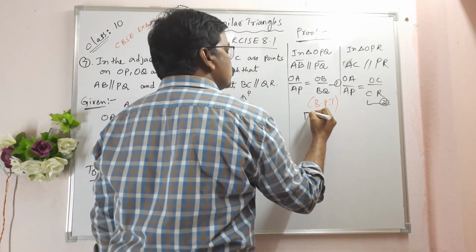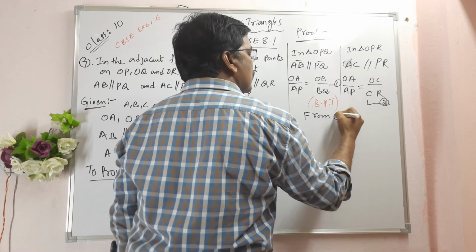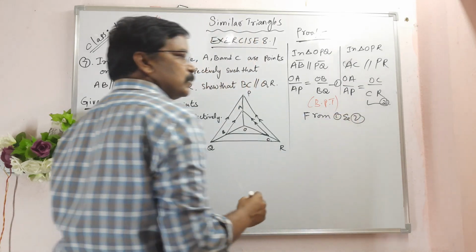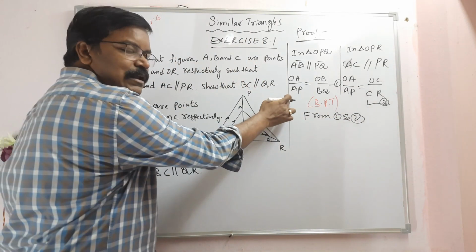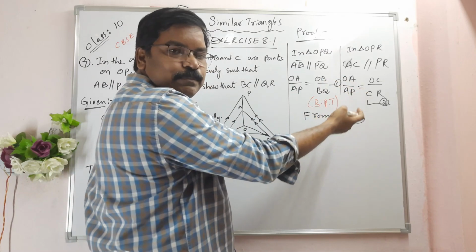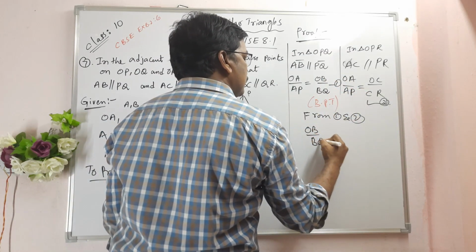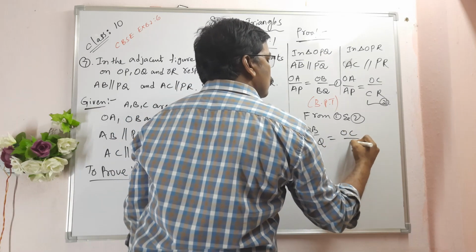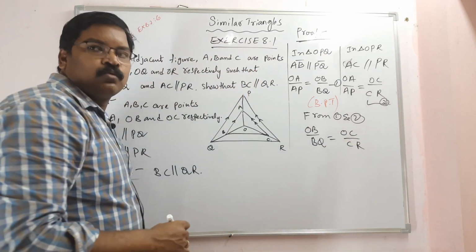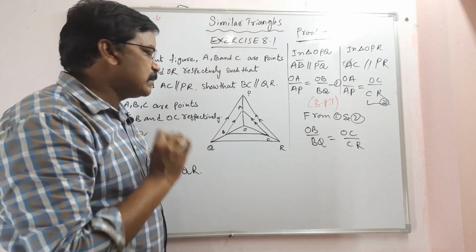Therefore, from 1 and 2, the left hand side is OA by AP in both, so we can equate the right hand sides: OB by BQ is equal to OC by CR.